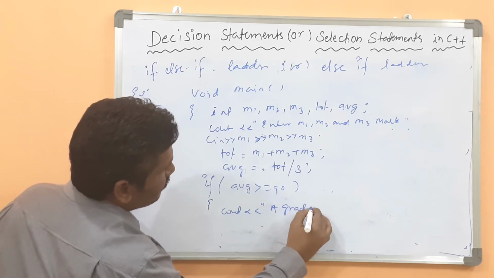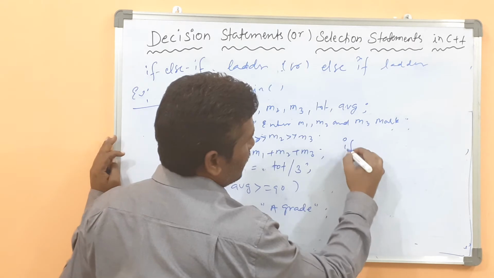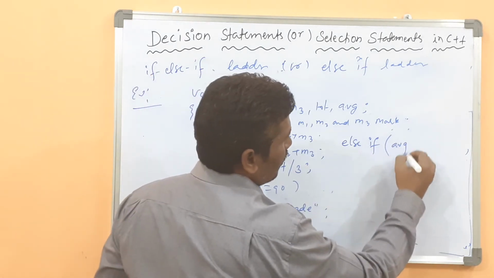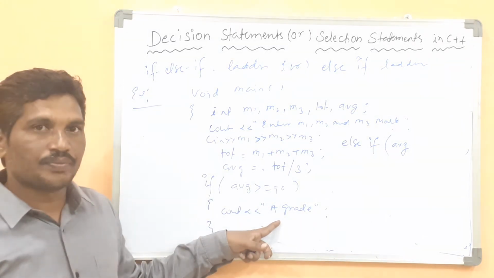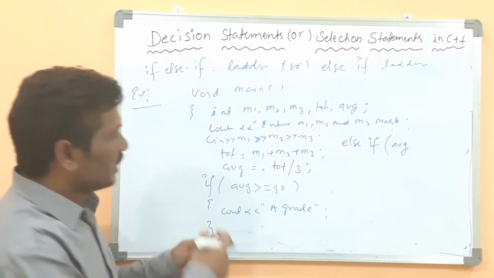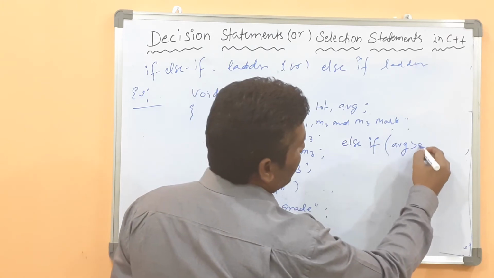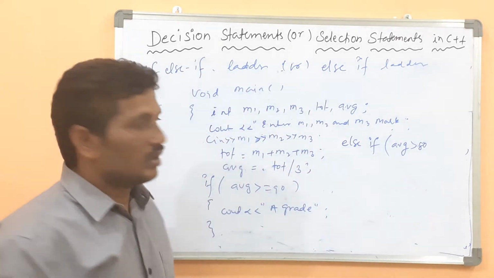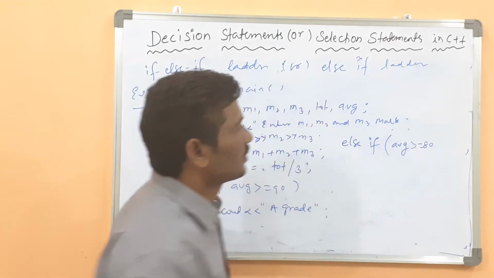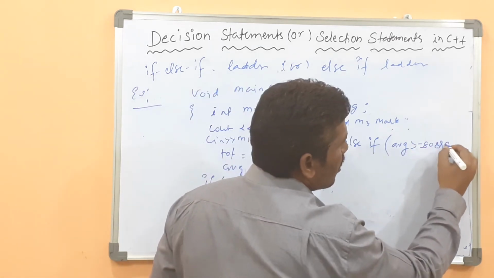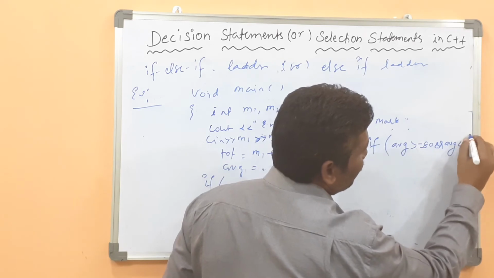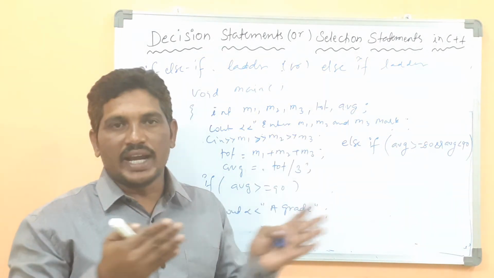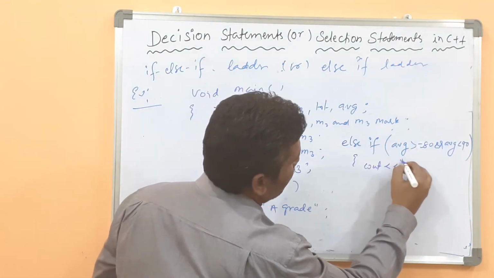cout A grade. Then else if average is 80 above, that is average greater than or equal to 80 and average less than 90, which means in between 80 to 90, cout B grade.